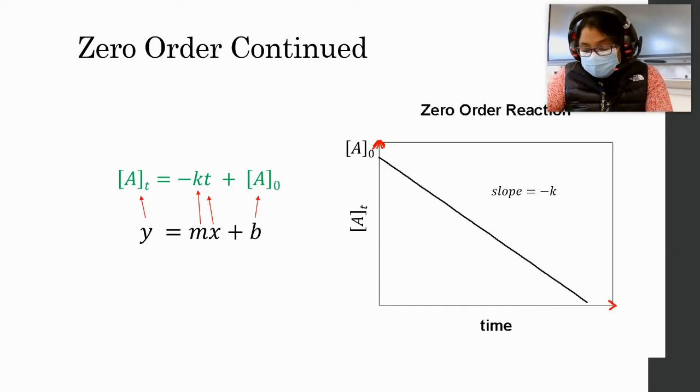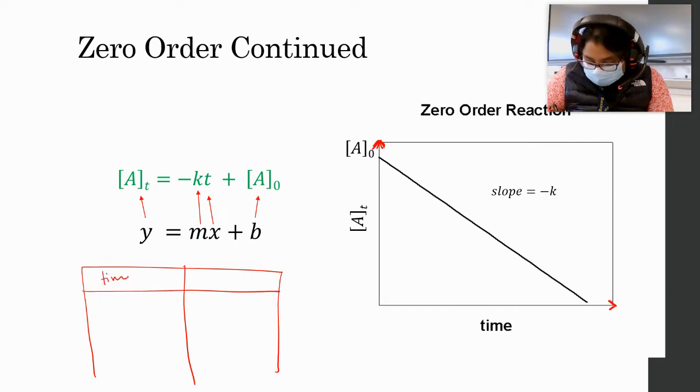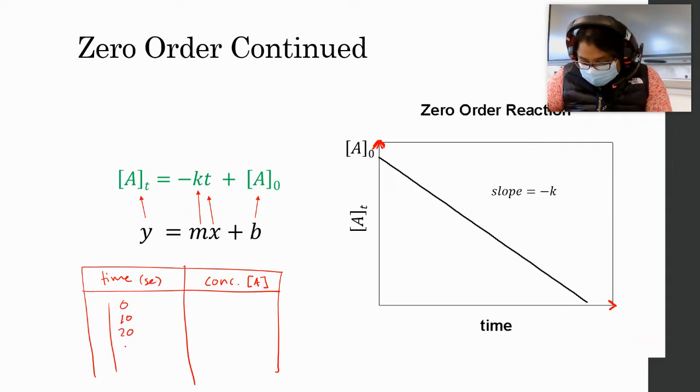So if you have a bunch of data, let's say you have time and concentrations of some compound, A. You can plot it, like 0, 10 seconds, 20 seconds, 30 seconds, etc. And you have the concentrations to go with those, like X, Y, Z, whatever.